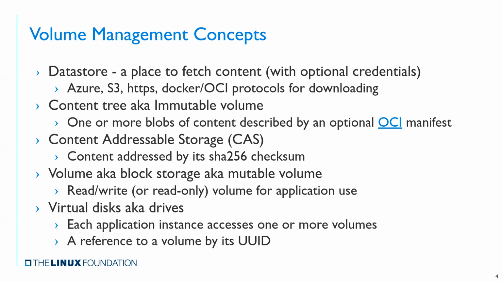And then the next level was being able to specify a particular object that we download from the data store. We call it a content tree, or an immutable volume. In its general form, it's actually a tree. This enables you to leverage things like layered content, like what is available with OCI manifests, but it's something that is uniquely identified by a hash of the top of the tree.